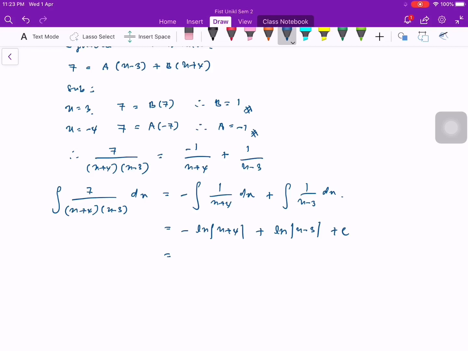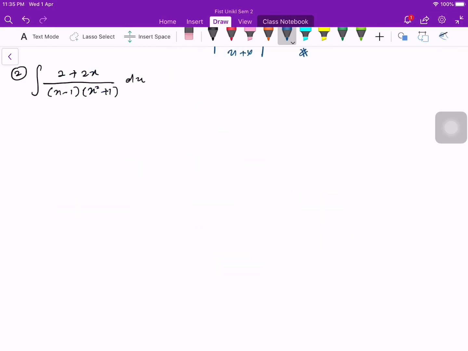Remember when we have plus, we can multiply. So ln x minus 3 minus ln x plus 4 becomes ln absolute of (x minus 3) over (x plus 4) plus arbitrary constant. So this will be our final answer.